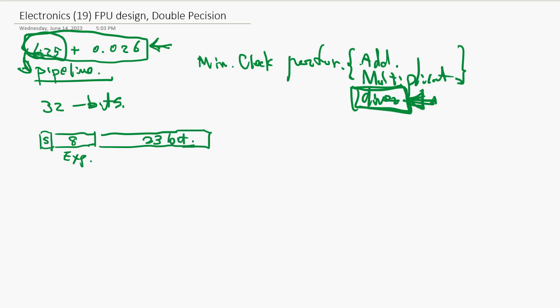So it's like you have 23 bits of number multiplied by e to the x, where x goes up to 8 bits. And you have a sign, plus or minus. This is the sign bit. So this is total 32 bits.